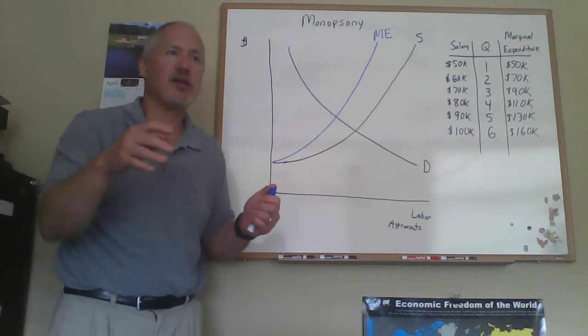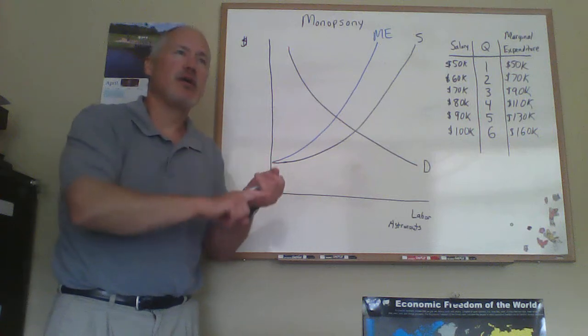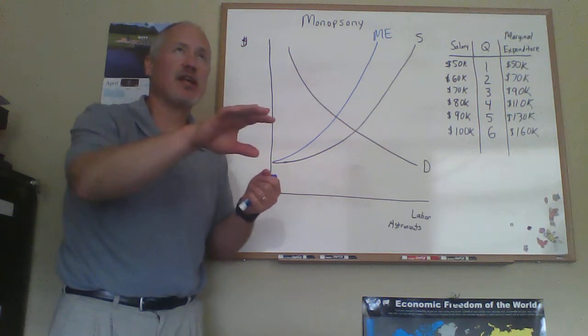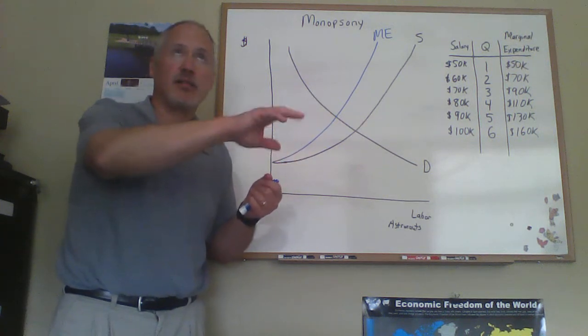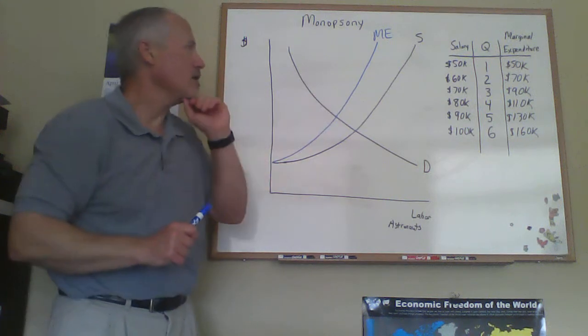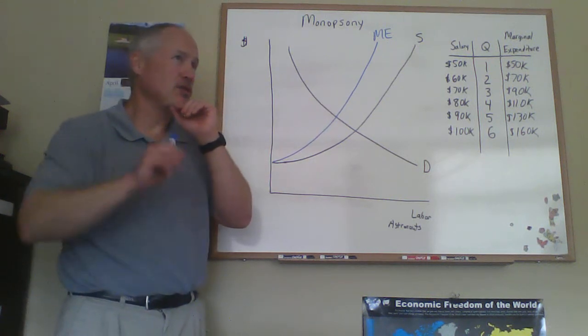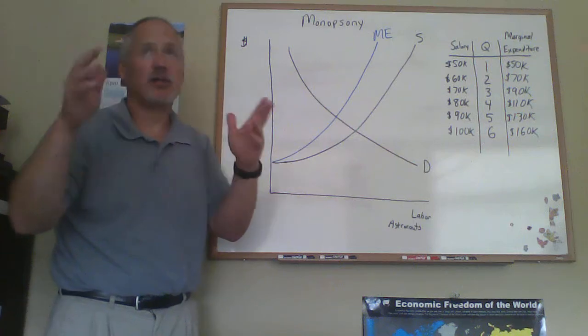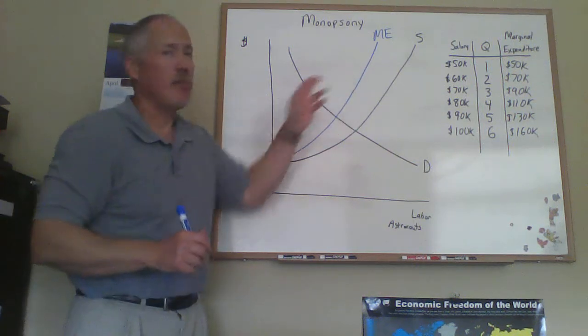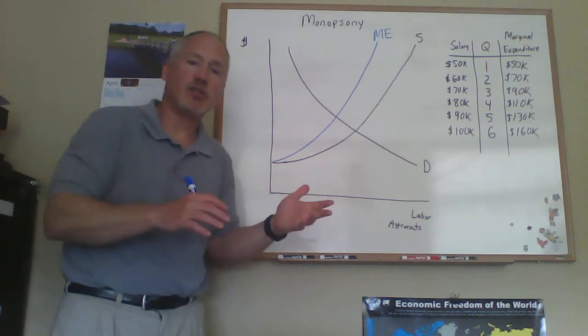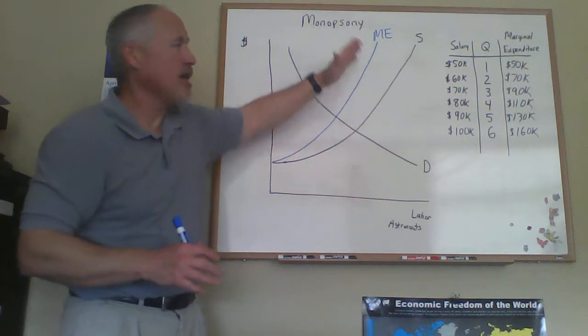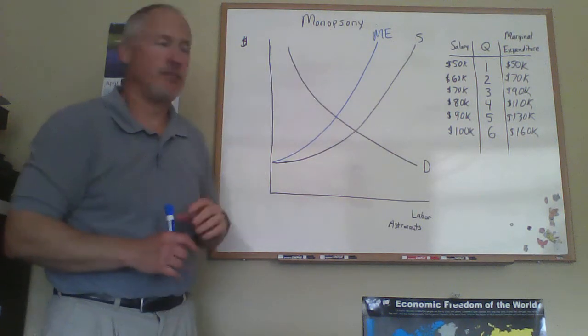Hopefully you see that you have a single seller, so they're looking at demand, the other side of the market, differently. Here you have monopsony, a single buyer, so they're looking at the other side of the market, the supply side, differently. You have a marginal expenditure curve that deviates from the supply curve. In this case, it deviates by being above the supply curve.